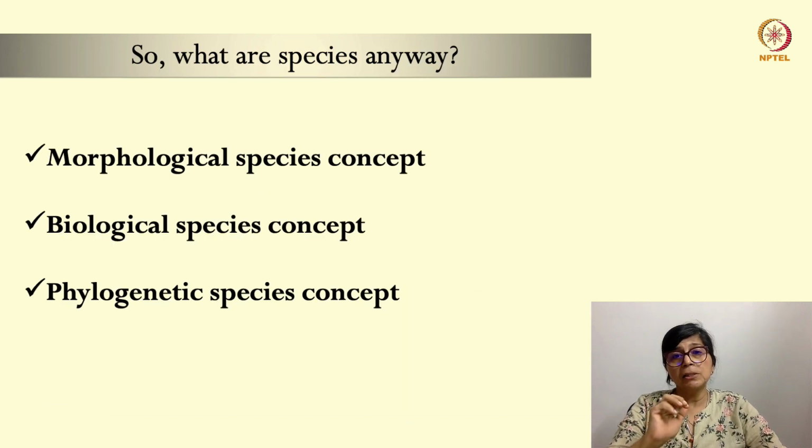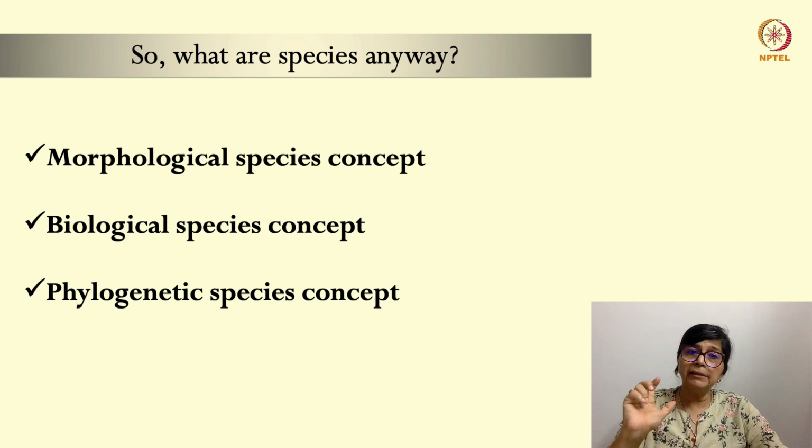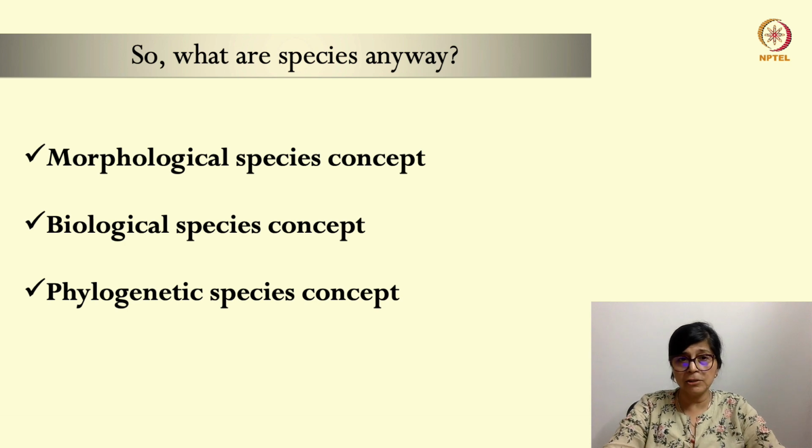So this brings us to the three different concepts of species that we are going to emphasize in this part of the lecture, which are the morphological species concept, the biological species concept, and the phylogenetic or evolutionary species concept. Let's see what these things are.